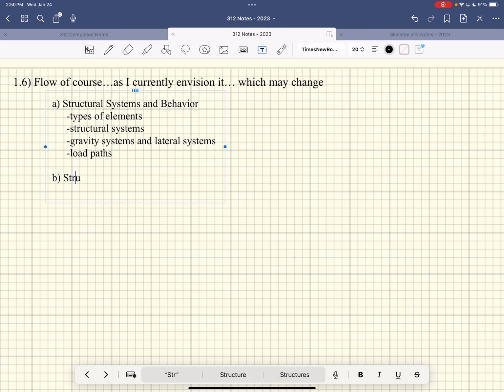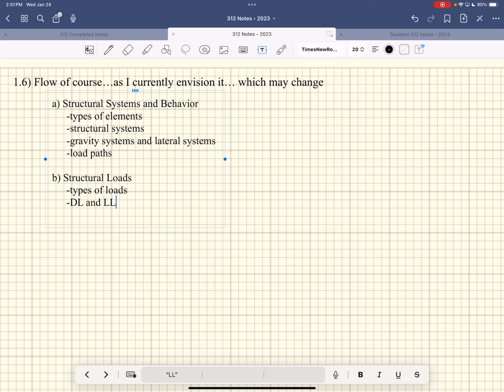Then we're going to talk about structural loads. We're going to talk about types of loads. You guys heard of dead loads and live loads? Where did you hear that before? Never in a class, or not in statics.